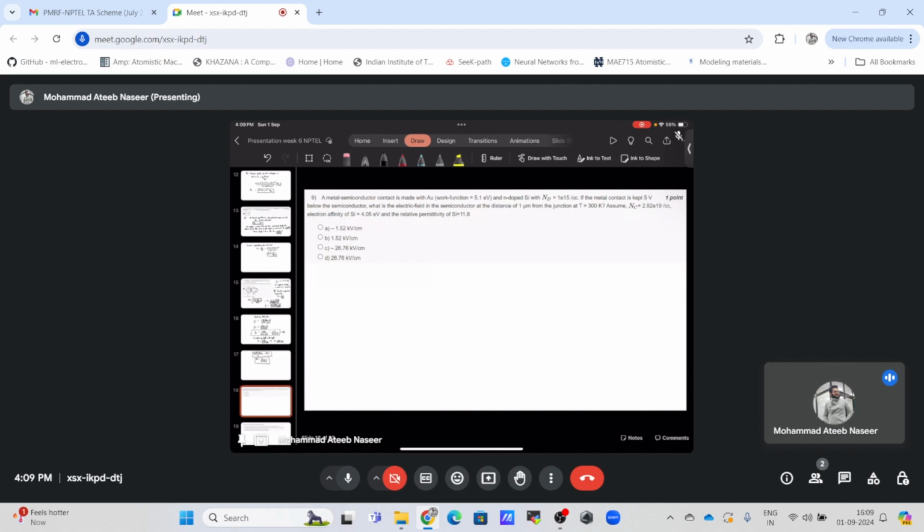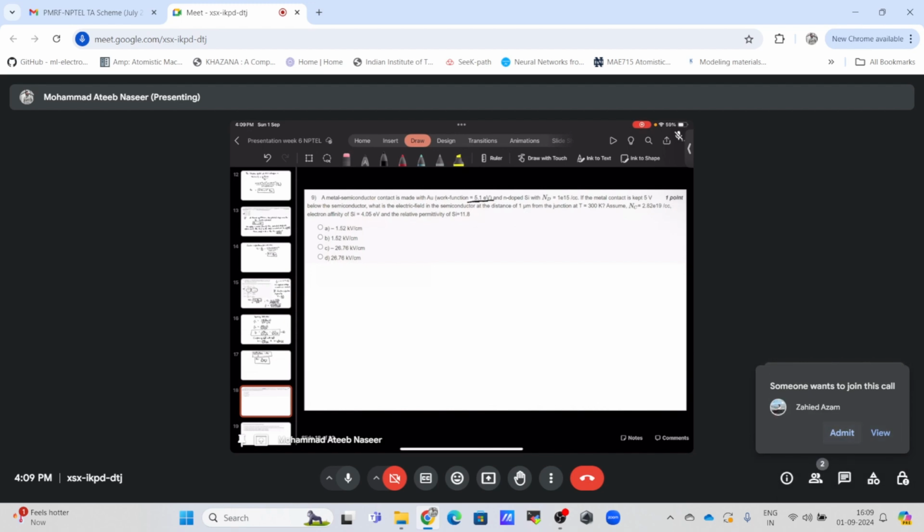Okay, it's gold this time. So this gold has a metal work function equal to 5.1, and the doping concentration is 10 to the power 15 per centimeter cube.